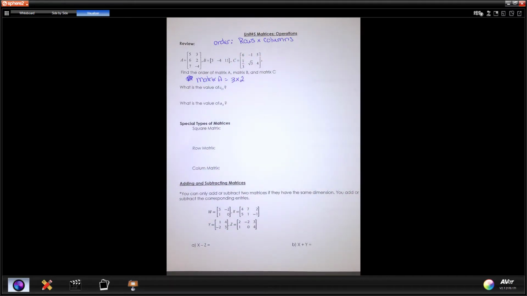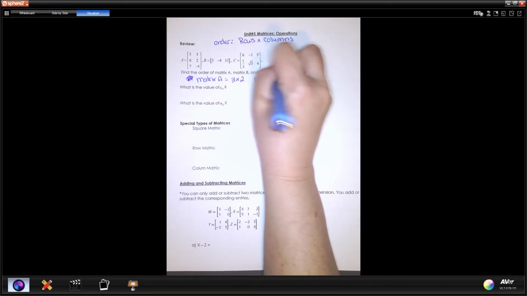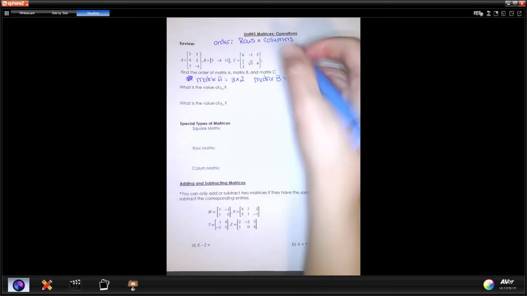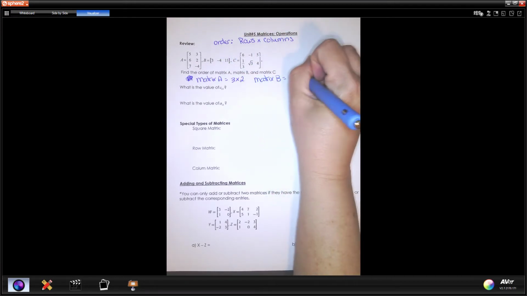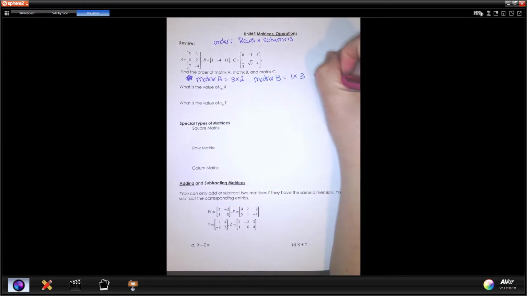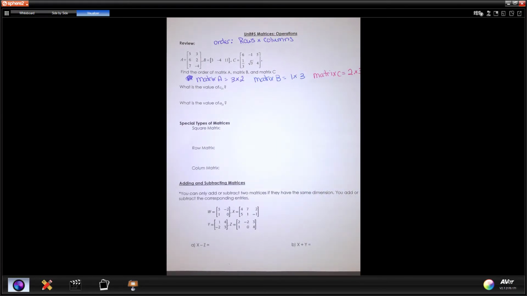If we now look at matrix B, that has an order of 1 row by 1, 2, 3 columns. So it is considered a 1 by 3. And then last but definitely not least, we have our matrix C. Matrix C has 2 rows and 1, 2, 3 columns.